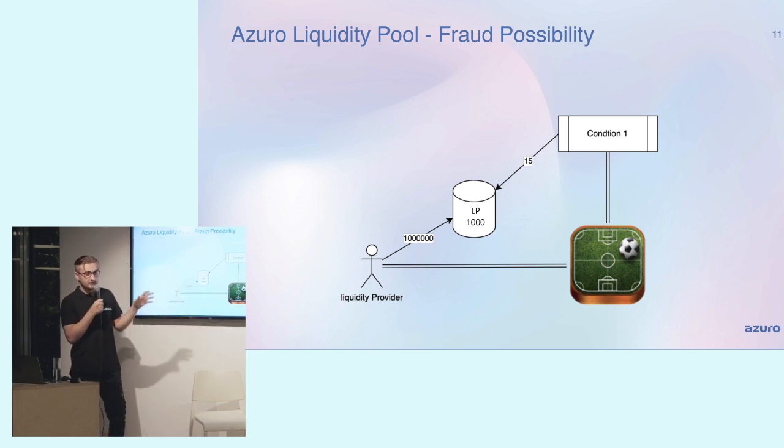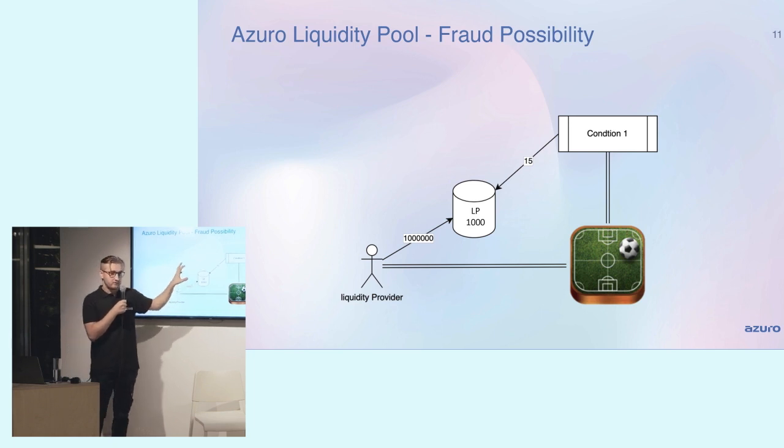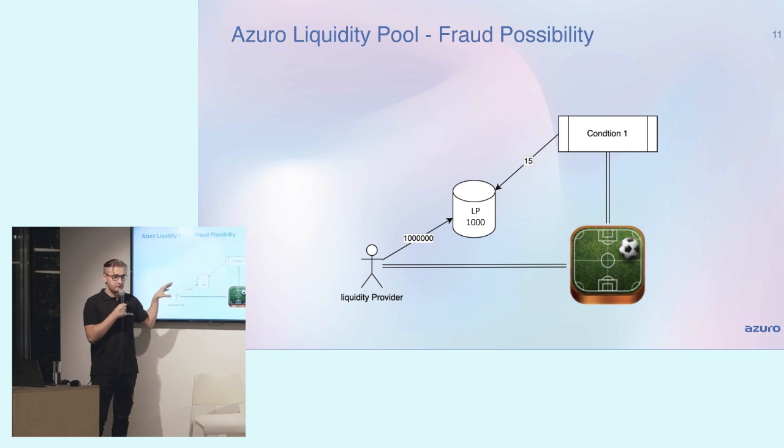If we used a classic pool, it would allow someone to commit fraud, because you can just watch the event and realize that the liquidity pool will be in profit when this event finishes.